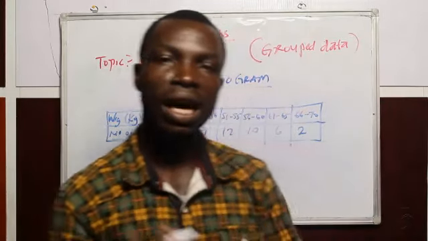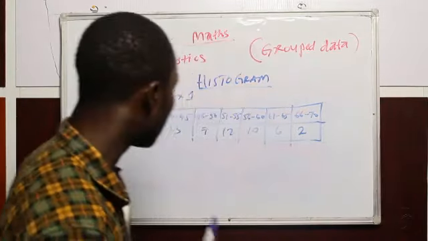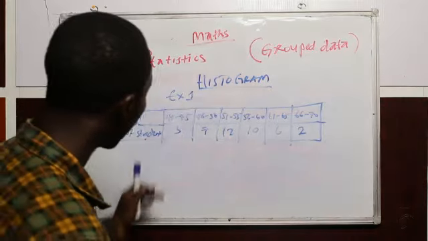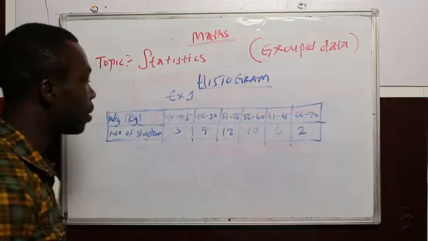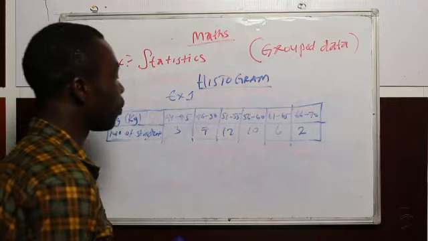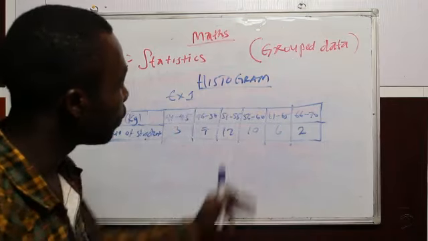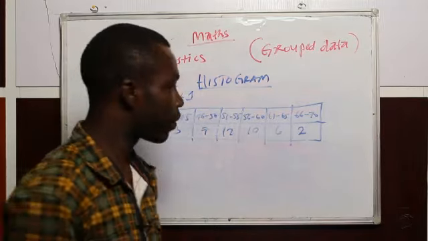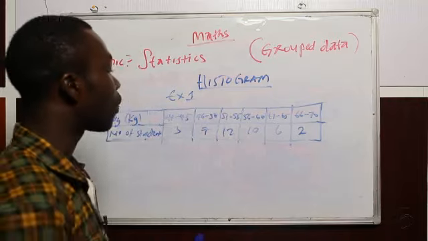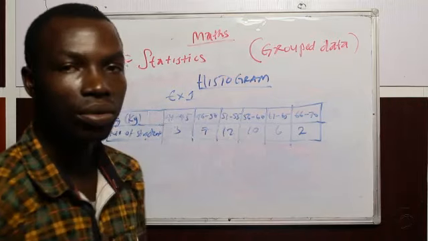We weigh the students and we categorize them in different weights. 3 students fall between 41 to 45, 7 students fall between 46 to 50, 12 students fall between 51 to 55, 10 students fall between 56 to 60, then 6 students fall between 61 to 65, and 2 students fall between 66 to 70.